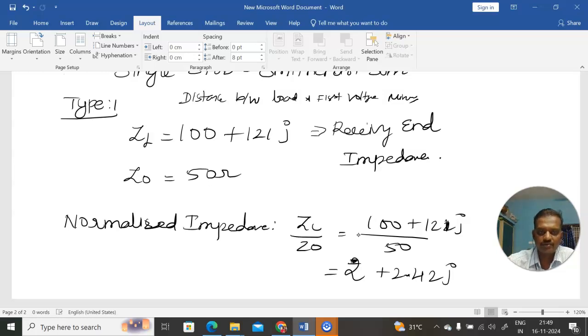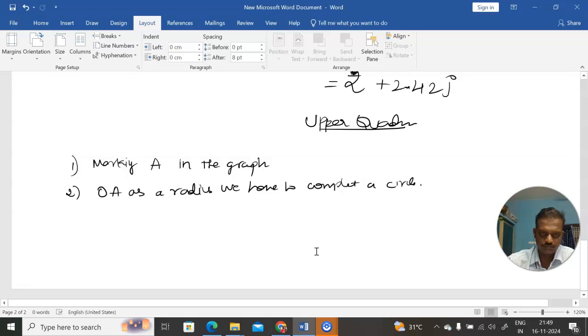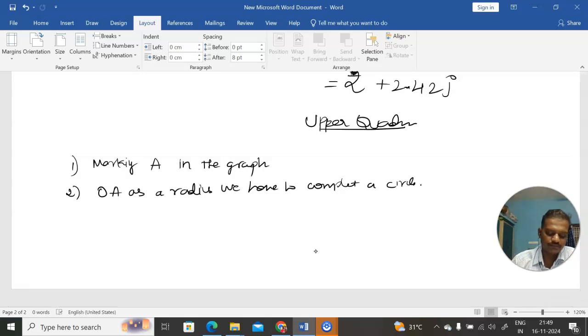It can be found by simply multiplying that 0.2 into Z0 value, which is 0.2 into 50, which is 10 volts.